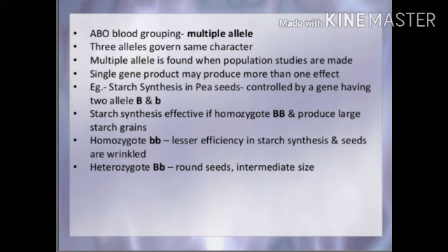Starch synthesis is effective in homozygous capital B, which produces large starch grains, and homozygous small b has lesser efficiency in starch synthesis, and the seeds are wrinkled because that is the recessive condition. In the heterozygous, capital B and small b, you can see round seeds of intermediate size.